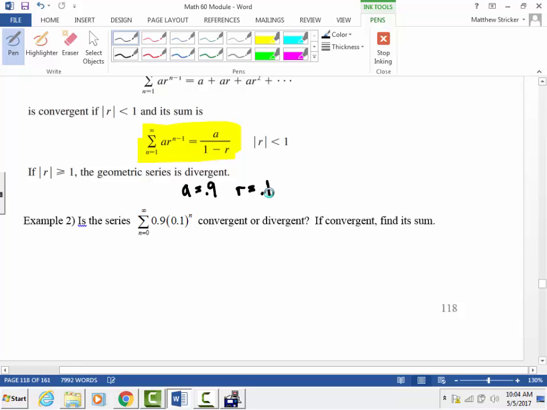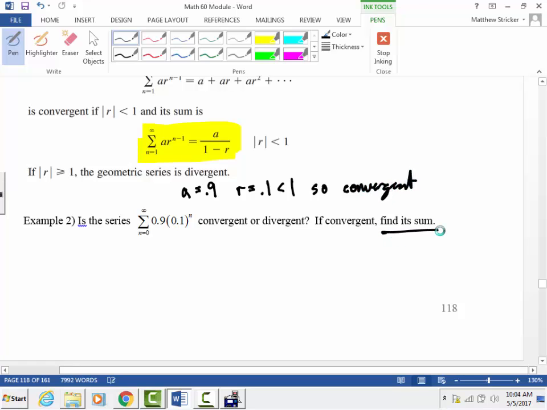Now how do I tell if it's convergent or divergent? r is less than 1. r equals 0.1, and 0.1 is less than 1. So it is what? Convergent.